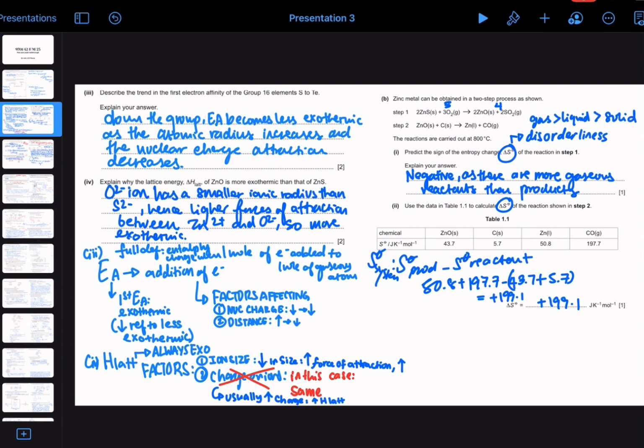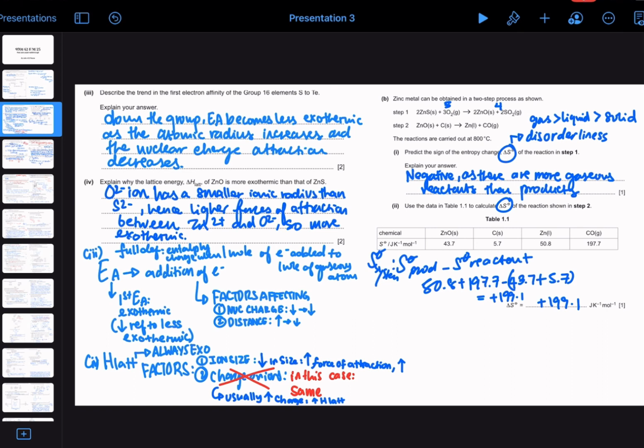For lattice energy, it is always exothermic, no matter what, no matter if it's the lattice energy of this or that, it is always going to be negative. The factors which affect it are quite similar. First, we have your ion size, so the smaller it is, the higher the force of attraction, so the more exothermic it is.